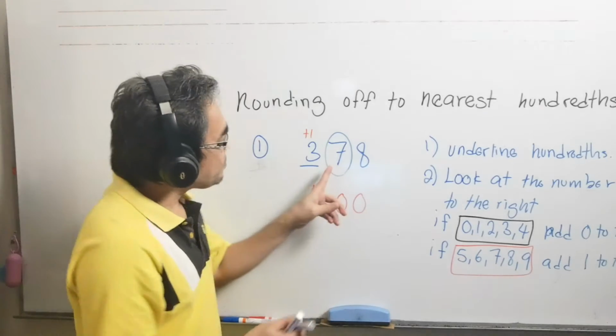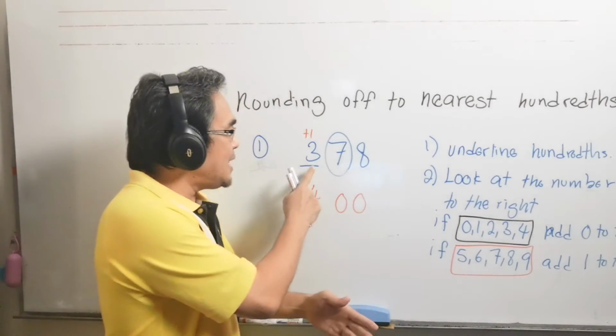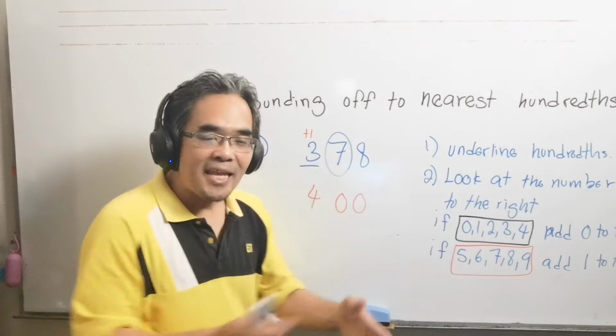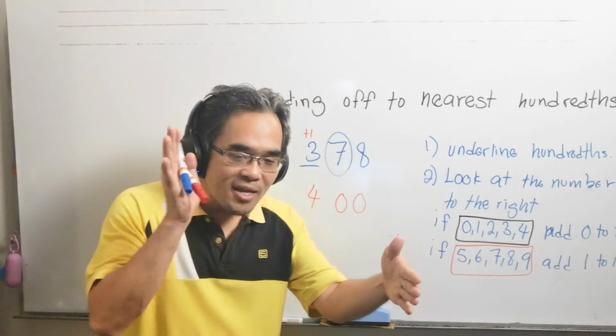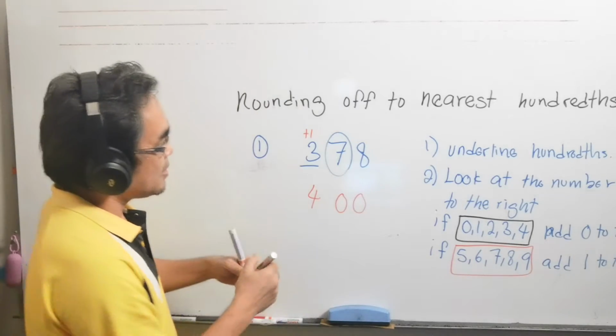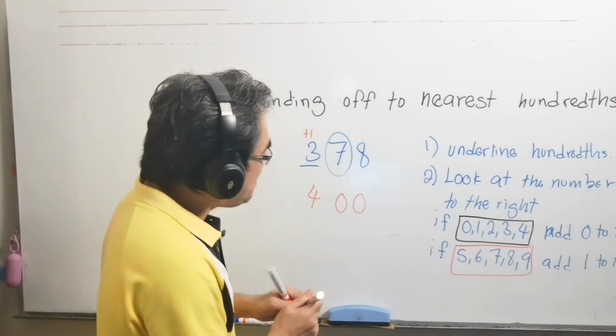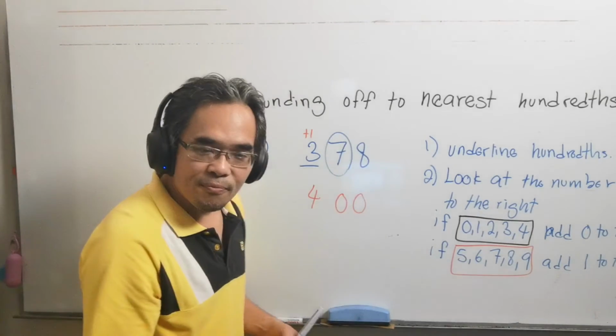Because we are talking between 300 and 400, is 378 nearer to 300 or is it nearer to 400? Yeah, it is nearer to 400. That is what is meant by rounding off.